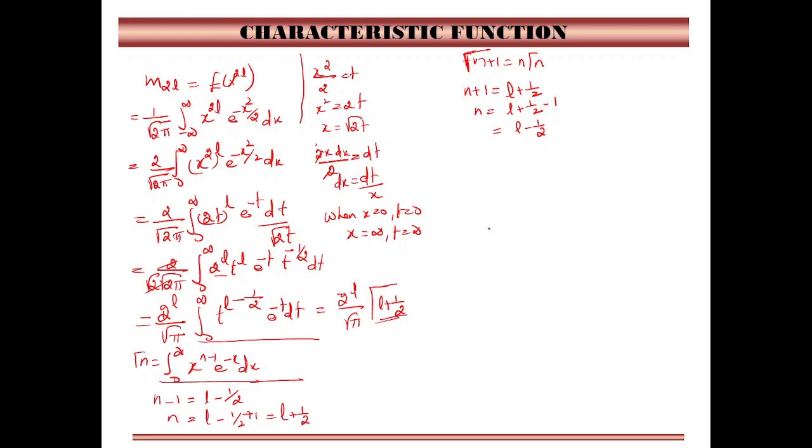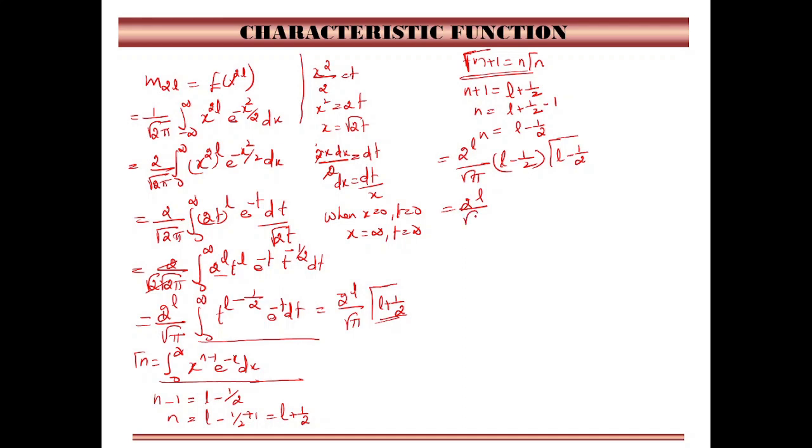This is n. So we are writing this gamma l plus 1 by 2 as l minus 1 by 2 into gamma l minus 1 by 2, based on this formula. This is equal to 2 power l by root pi, l minus 1 by 2 into gamma l minus 1 by 2.